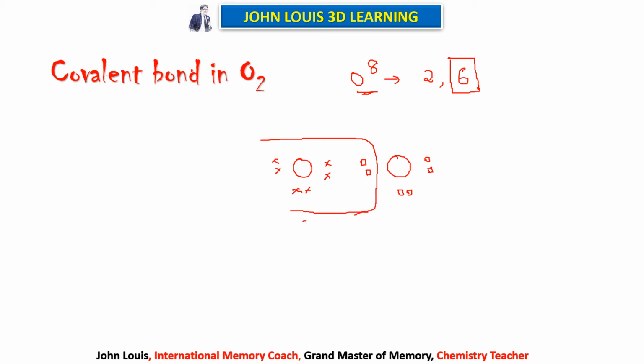See here, suppose the first oxygen shares those 2 electrons from the second oxygen, it will attain the octet structure. 2, 4, 6, 8 electrons are there, isn't it? Similarly, if you take the second oxygen, so now this also will have 8 electrons. See, 1, 2, 3, 4, 5, 6, 7, 8. See, both the oxygen atoms attain octet structure by sharing 2 pairs of electrons.